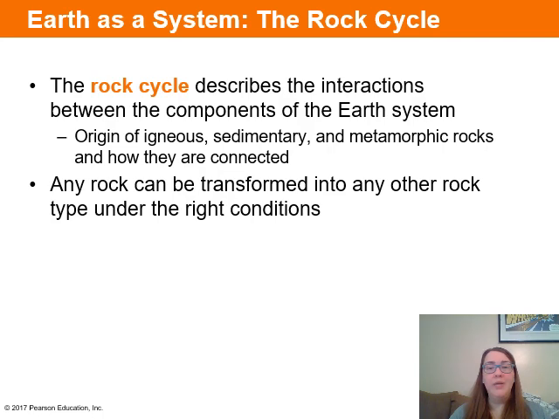But we're going to be able to transform any type of rock into any other type of rock, as long as those necessary conditions are there, like the cooling of lava for igneous rocks, or the intense heat and pressure for metamorphic rocks. So it doesn't matter what type of rock we have, as long as it follows those geological processes to form a new rock, any rock can be transformed into any other type of rock on our planet.